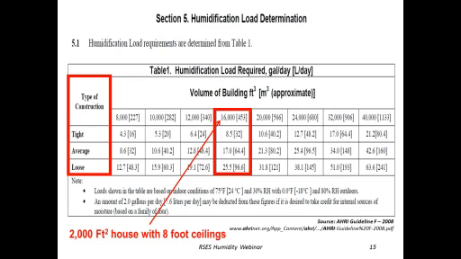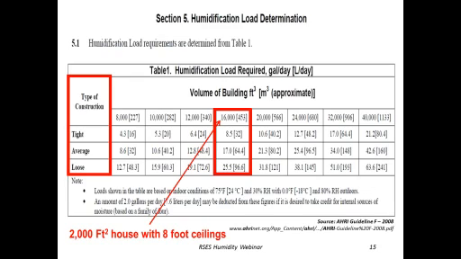Could be 2 story, but we've got an 8-foot ceiling. You see that the tight constructed home would require 8.5 gallons per day, or 17 gallons per day for average construction type, and a whopping 25.5 gallons for loose construction.